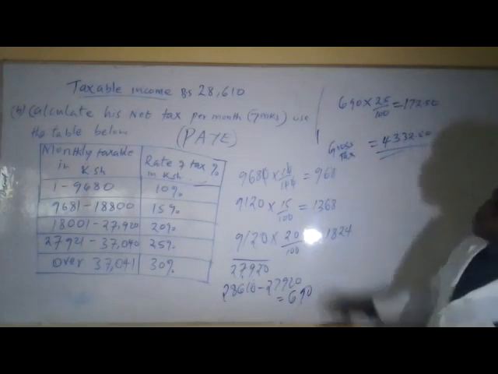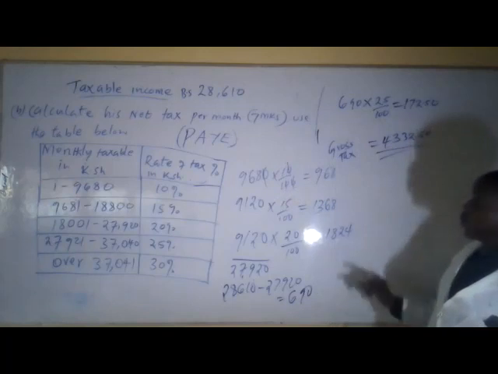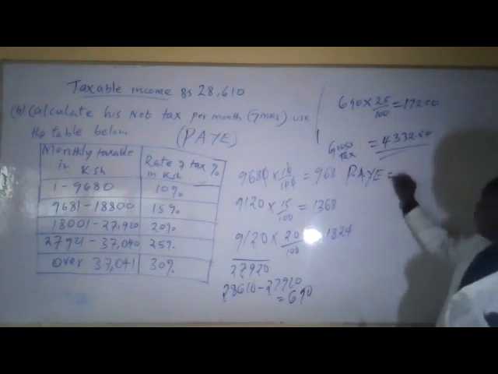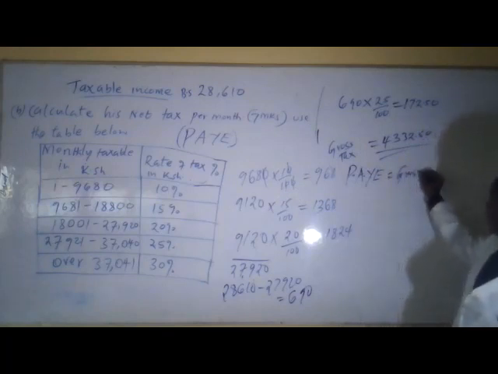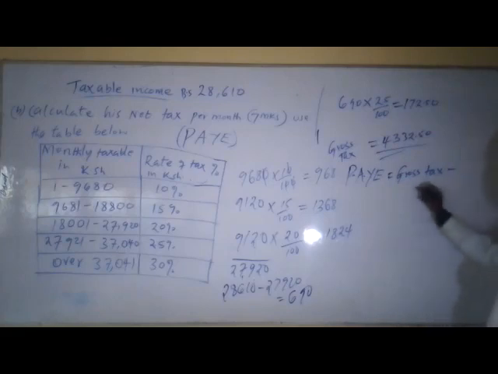But we were asked to calculate the net tax, and I told you that net tax is also called PAYE. So whenever you are asked to calculate PAYE, we take gross tax subtract relief.